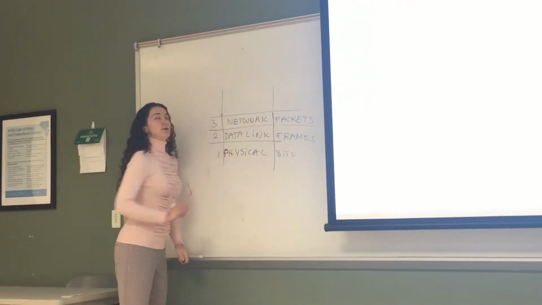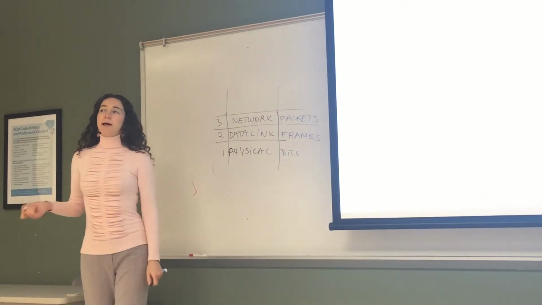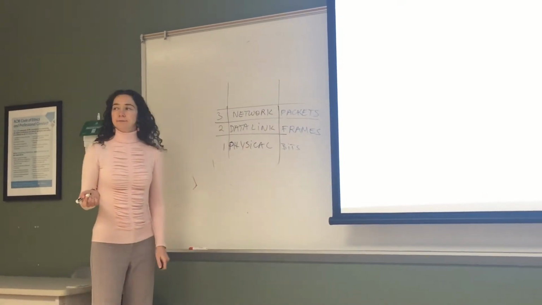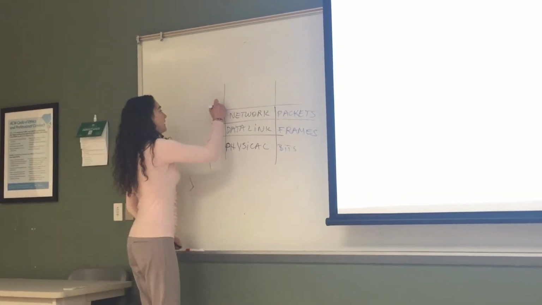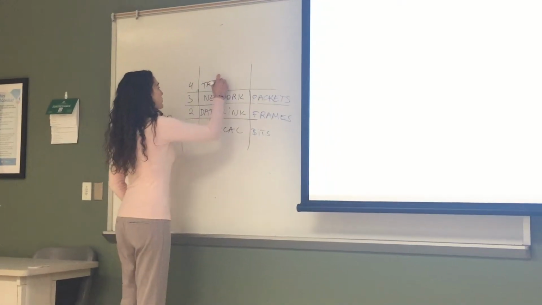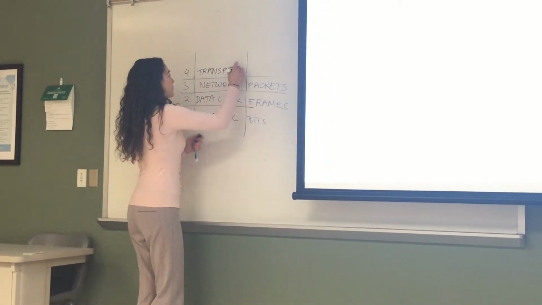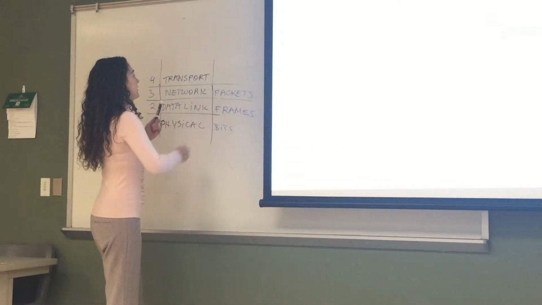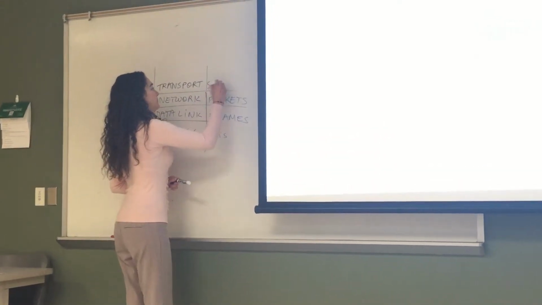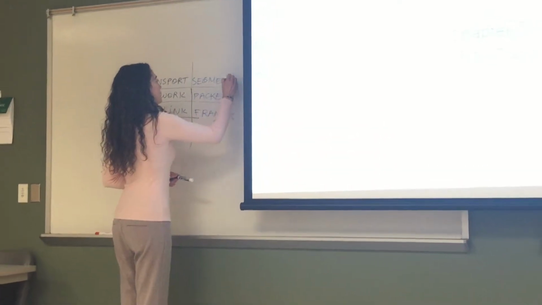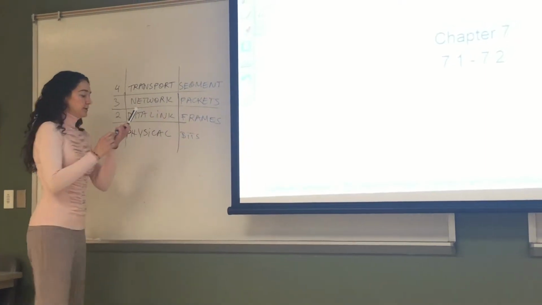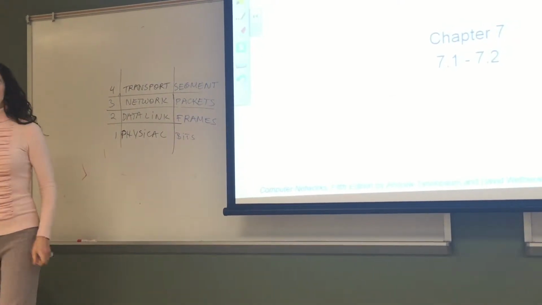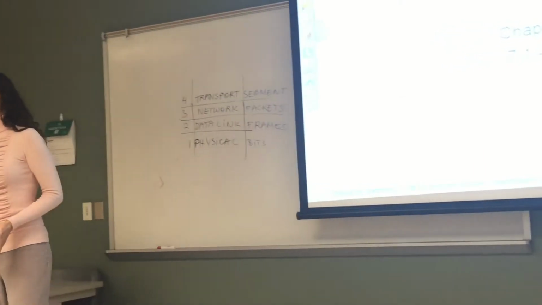However, in this layer there was no guarantee that the packets will make it. To provide a guarantee, we needed the transport layer, because in the transport layer we create segments which use a port number and a socket to establish connections between client and server, or sender and receiver.